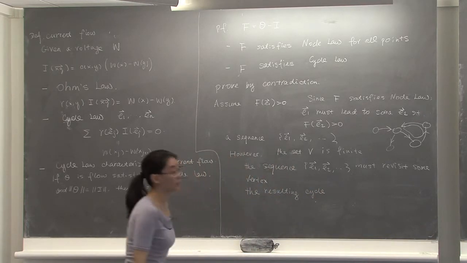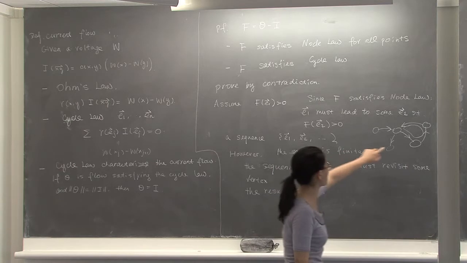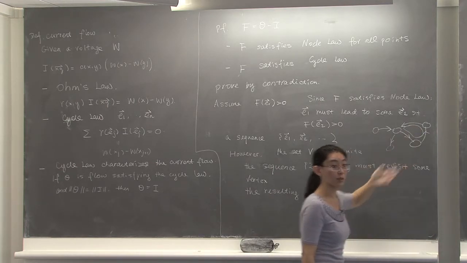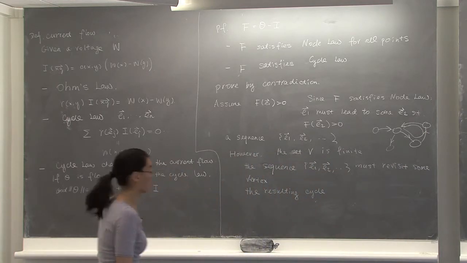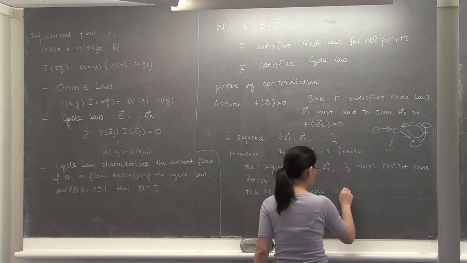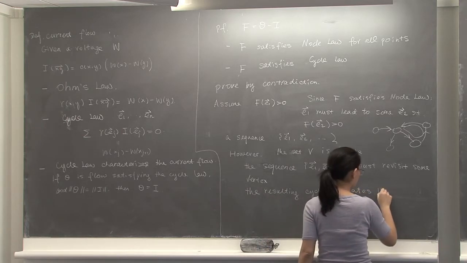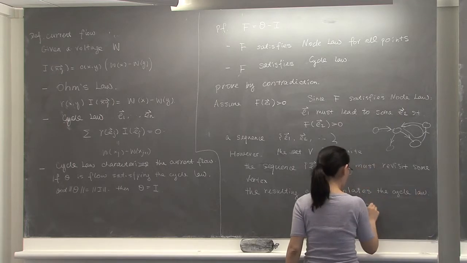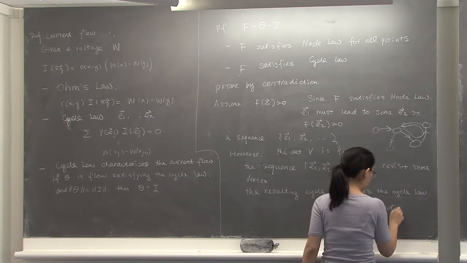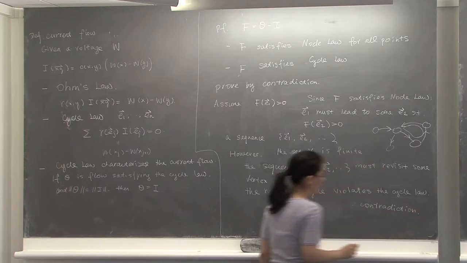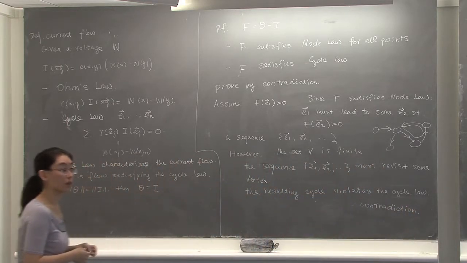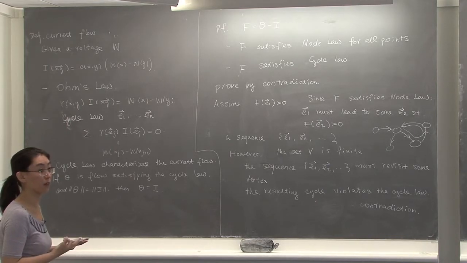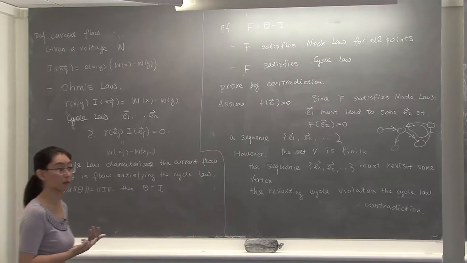For this resulting cycle, by the definition of the sequence of edges, f is strictly positive along all the edges. So this resulting cycle violates the cycle law. And we get a contradiction here. So if f satisfies both the node law and the cycle law, then it is impossible for us to have some strictly positive edges.